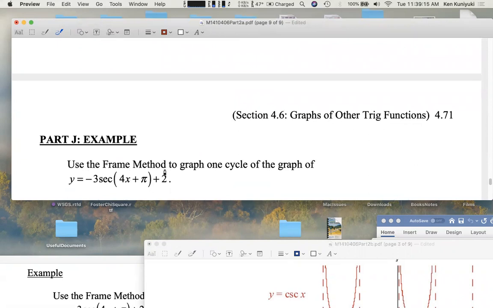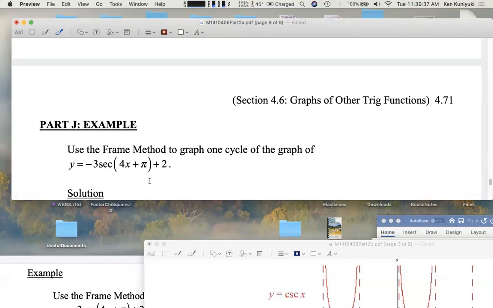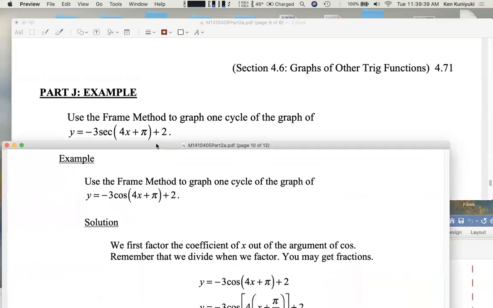Use the frame method, or not, just give me all the info, to graph one cycle of the graph of y equals -3 secant of 4x plus pi, all plus 2. Again, the critical thing here is to be able to graph one cycle of the guide graph when you replace secant with cosine. Well, very fortunately, we've already done that.